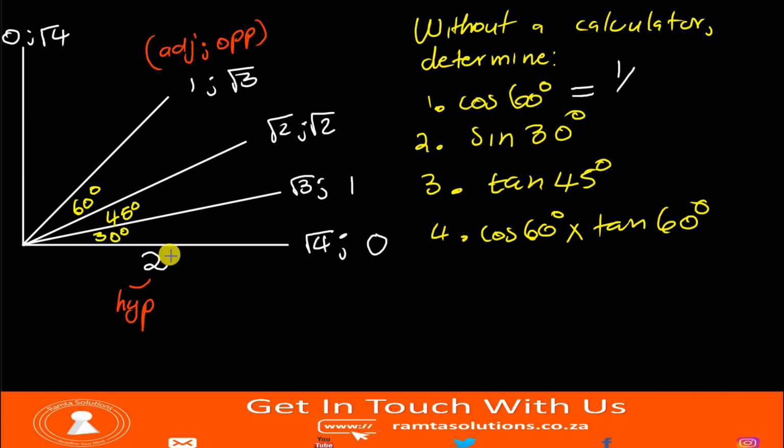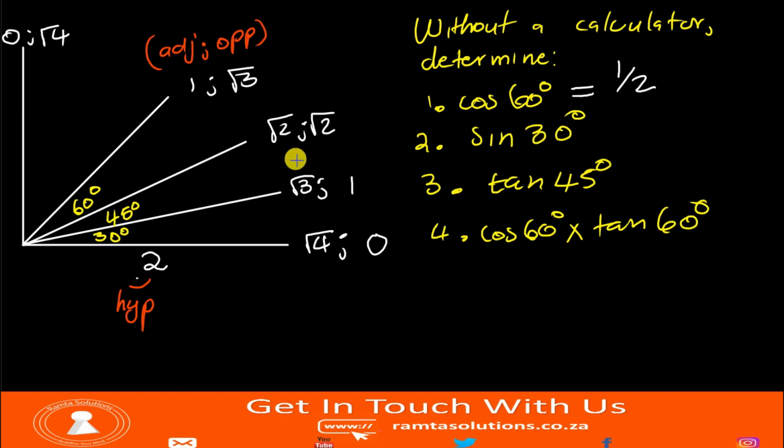The hypotenuse is 2. Now, on your calculator, press cos 60. It'll return half. Yes, it returns half.